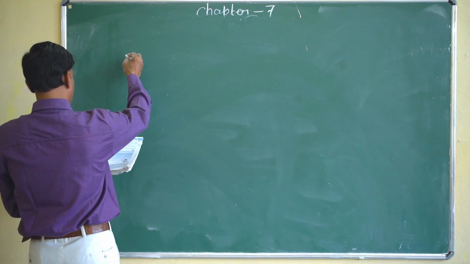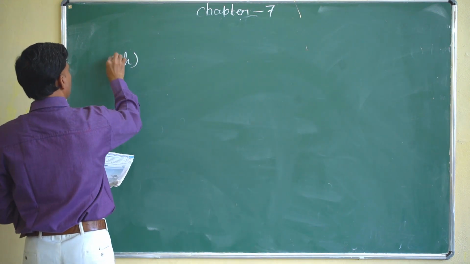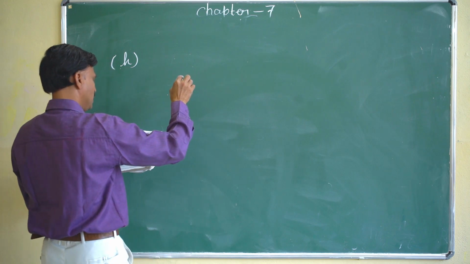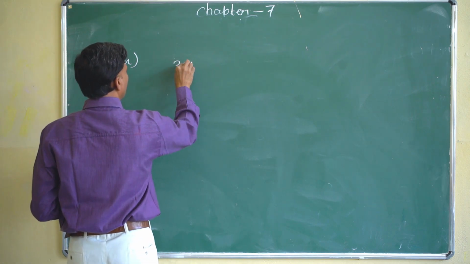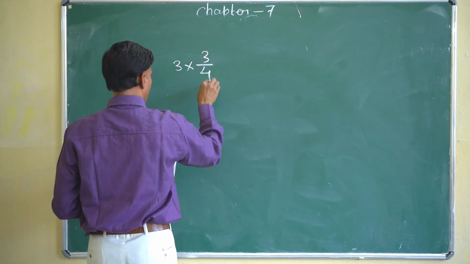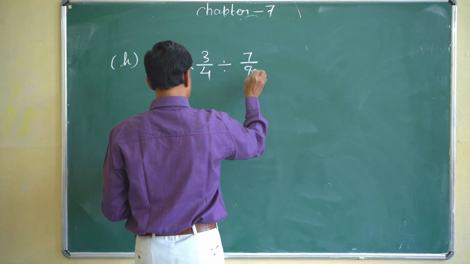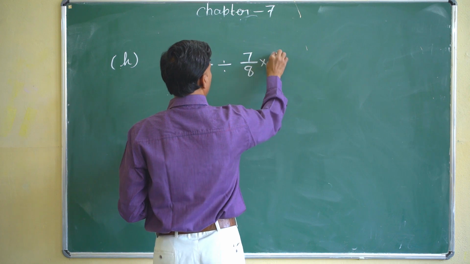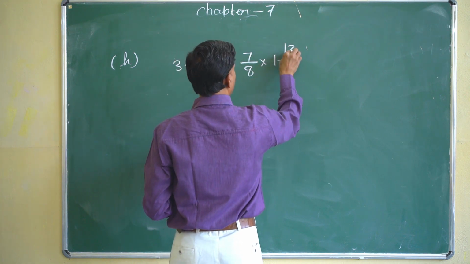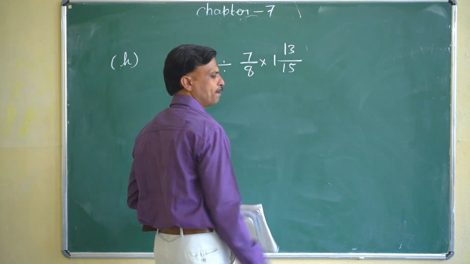I am taking H1 of your exercise 4, page number 75. 3 multiplied by 3 by 4, divided by 7 upon 8, multiplied by 1 whole number 13 upon 15.